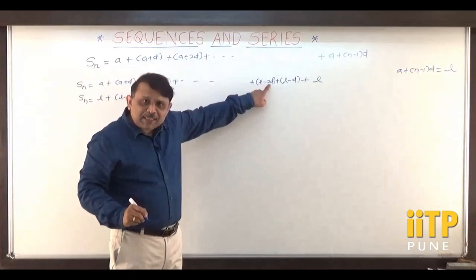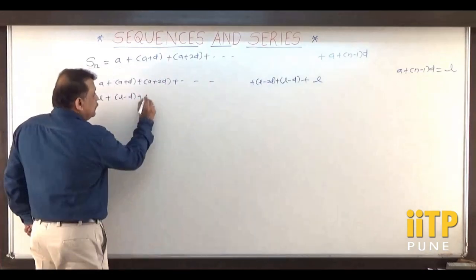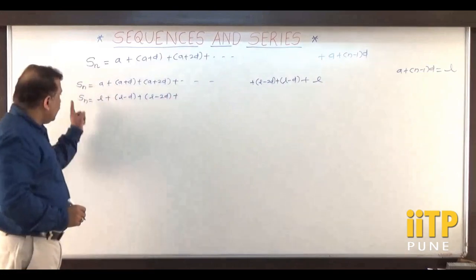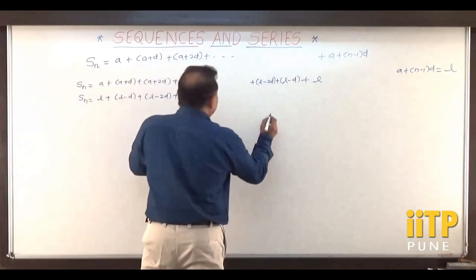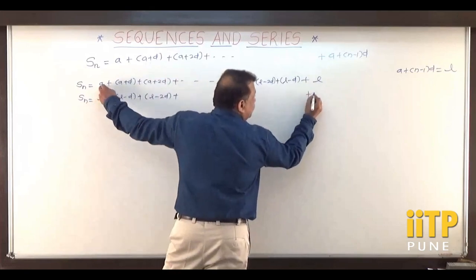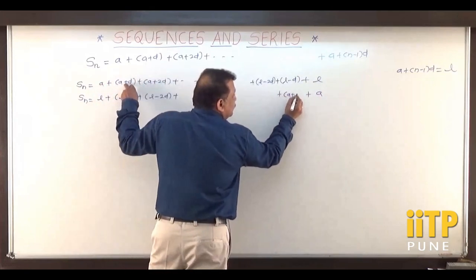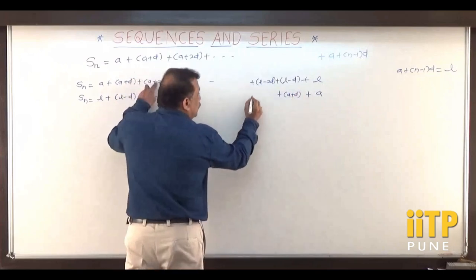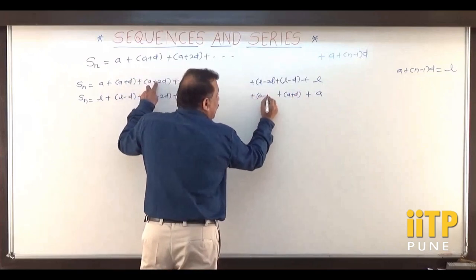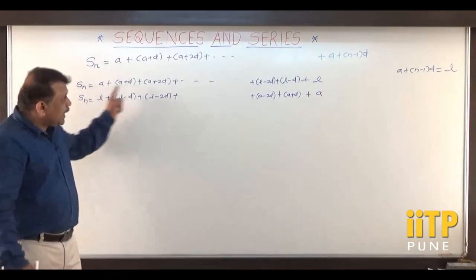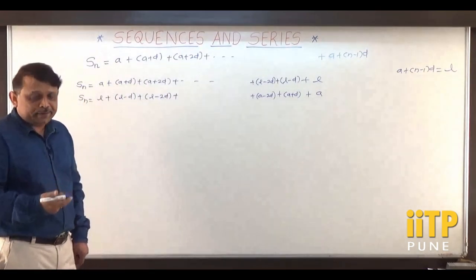The third last term would be written as the third term. Plus, likewise, we go on and on. The first term would be the last term. Second term would be the second last term. And third term would be the third last term. So, I am writing the same sum in the reverse order.